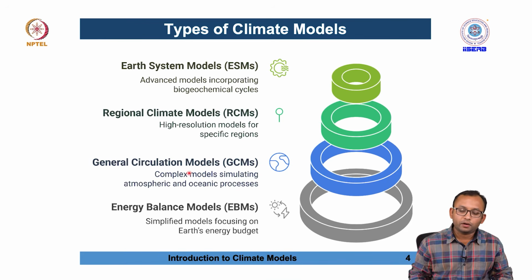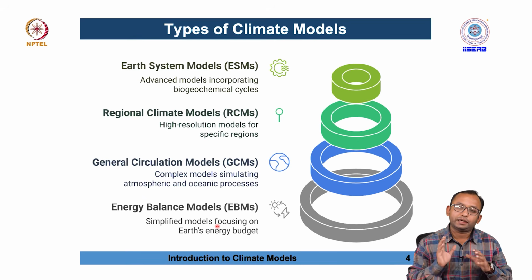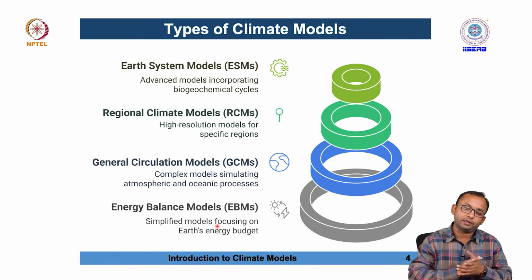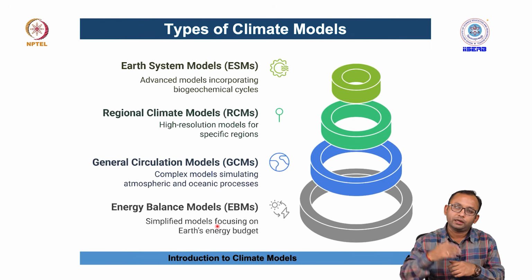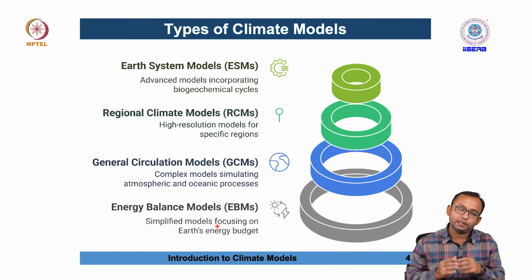So these are called general circulation models. Then we also have the energy balance model, which is a simplified model where we focus on Earth's energy budget. We receive some amount of energy from the sun in the form of short waves, and some amount of energy is absorbed by the land use, land cover characteristics and then re-emitted back to the atmosphere as long wave radiation.